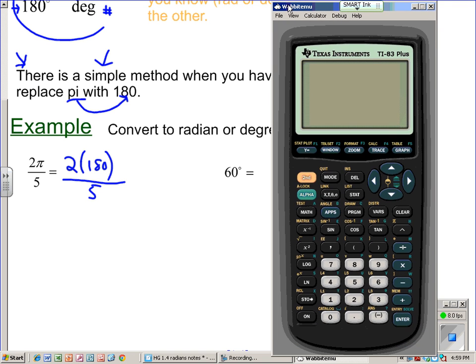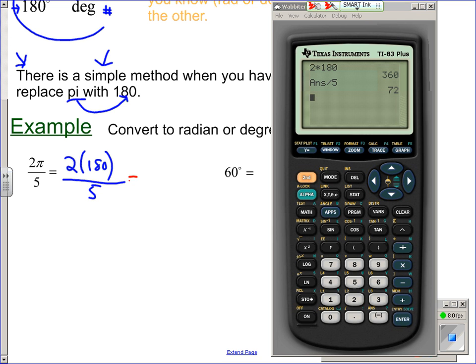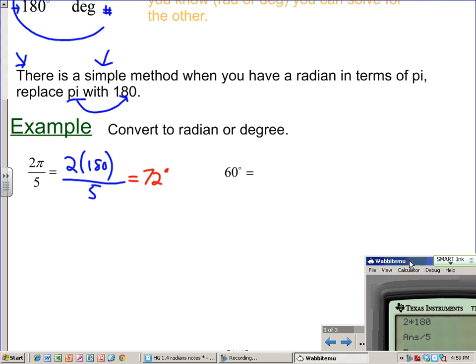Okay? So turn the calculator on. 2 times 180 is 360. Divide by 5. 72 degrees. 2 pi over 5 is the same thing as 72 degrees. All right? That's how that can work.